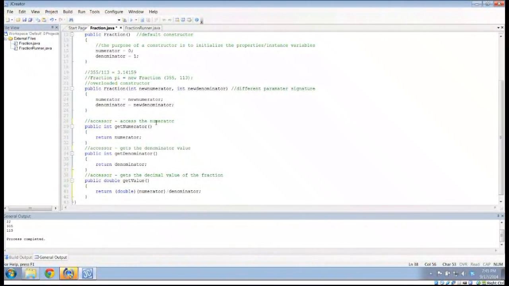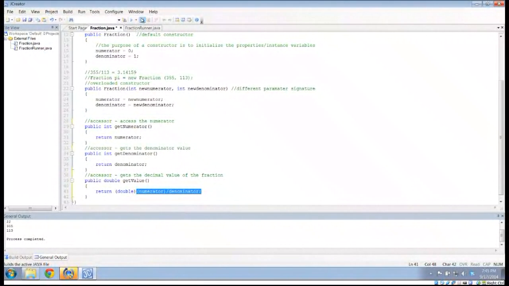Now, this is something that's actually interesting. I never told the fraction how much it was worth. I never told the fraction how big or how small it is. I never told it its value. But it has a way of calculating its value based off of the numerator and the denominator.